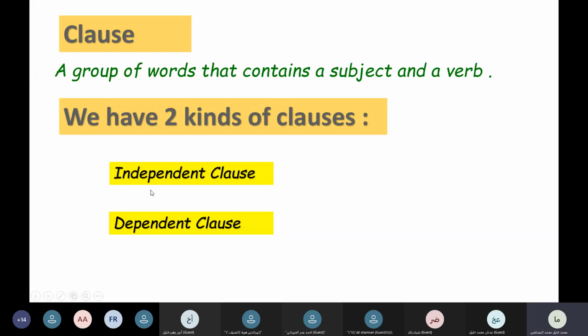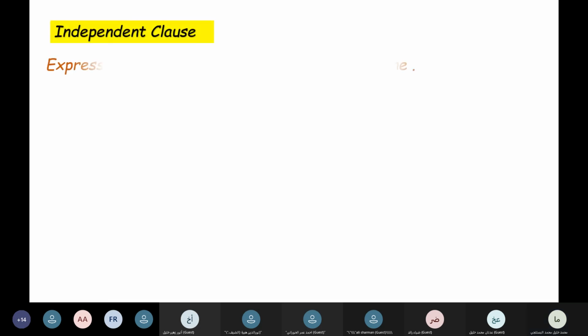Here we are going to differentiate between the independent and dependent. Okay? Now let's move to the first, independent clause. Always independent clauses express a complete thought and can stand by themselves.